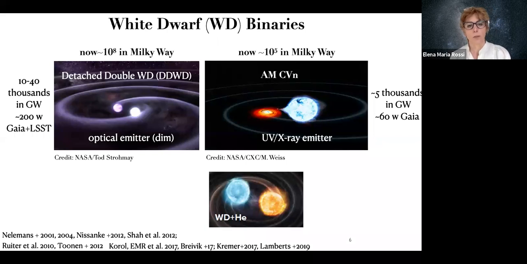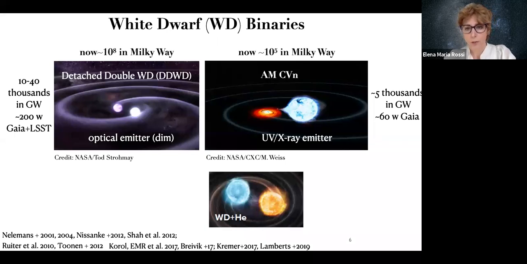The most numerous binaries with white dwarfs present today in the Milky Way are detached double white dwarfs. And we think LISA will see tens of thousands of them, while, being optically dim, only perhaps a few hundred will be collected by Gaia and LSST.